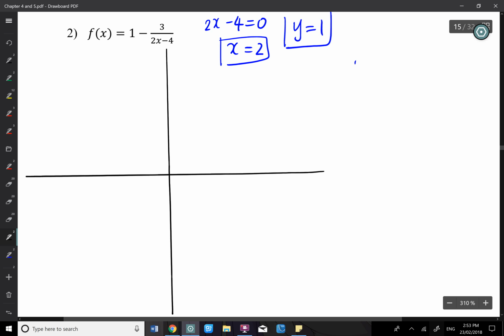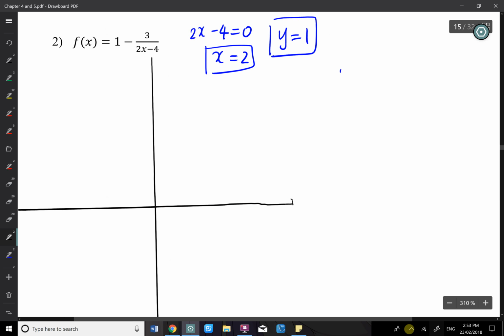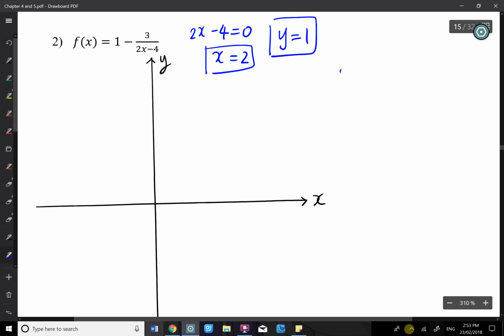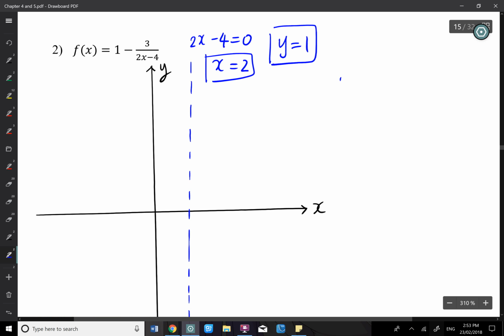I have a really important concept to talk about, so let's be quick with this one. I have explained how we find x equals 2, because that's the point where you make the denominator equal to 0. So x equals 2, you can't take that.